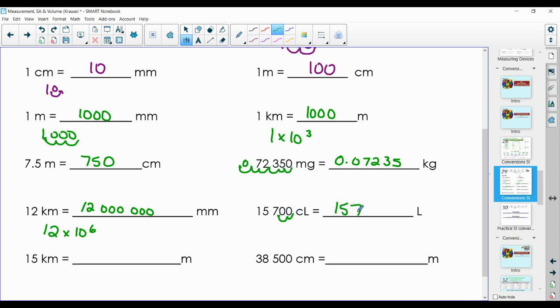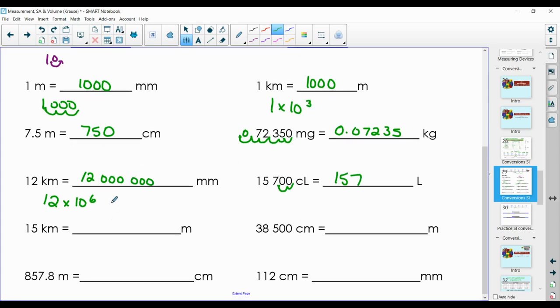Gives me 157 liters. Going from kilometers to meters is 3 jumps to the right. So multiplying by 10 cubed is 15,000 meters. And going from centimeters to meters, jump back 2 or divide by 100 is 385 meters. And the last 2 questions here, we have 857.8 meters, converting that to centimeters.